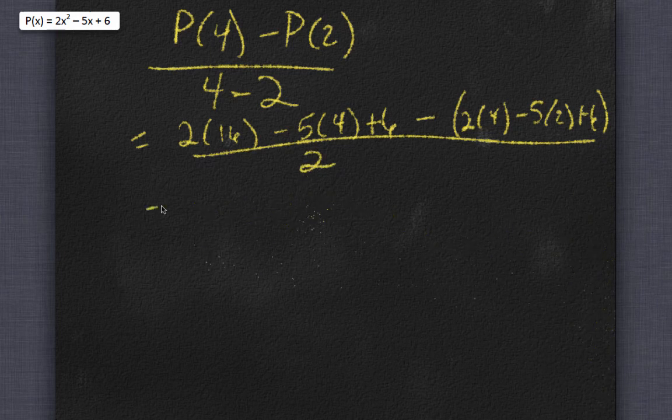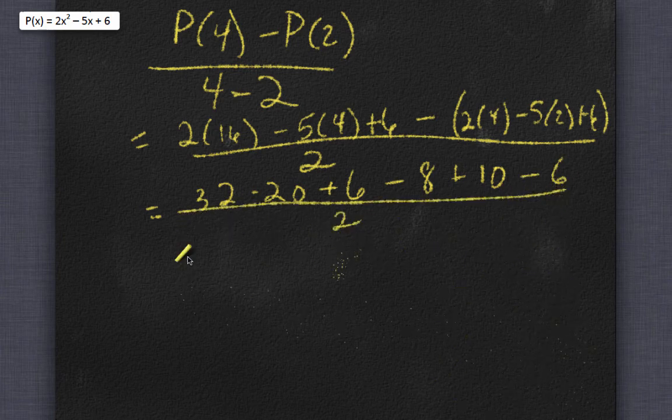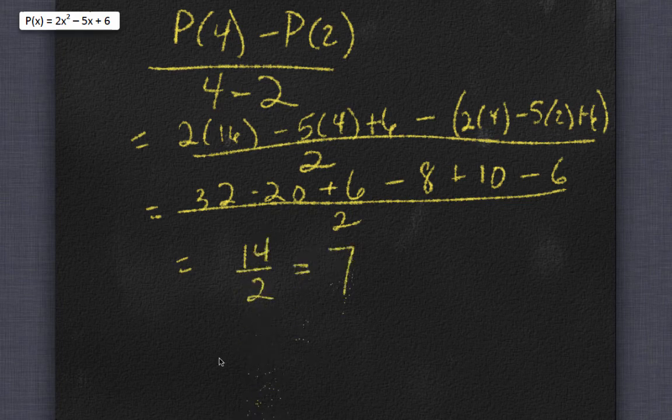That's all over 2. So 32 minus 20 plus 6 minus 8 plus 10 minus 6. And you can just calculate P of 4 separately and P of 2 separately. 12, 18, 10, 20 minus 6, I believe is 7.